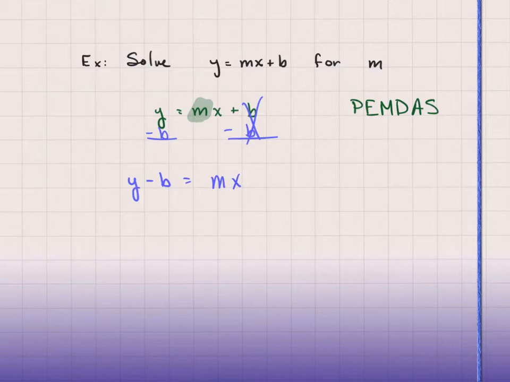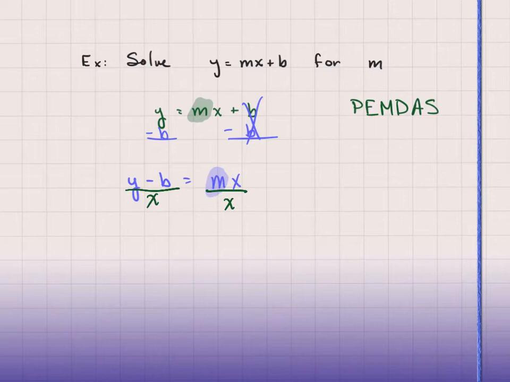Now our last step, I'm still trying to get that m alone. It's m times x, so I'll undo that multiplication by dividing by the x. The highlighted variable is what I want to get by itself, so I don't want to divide by m. I want to get rid of that x.